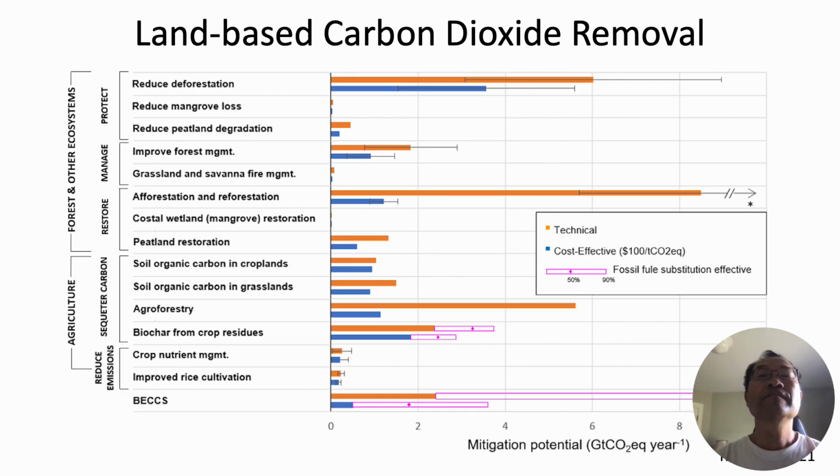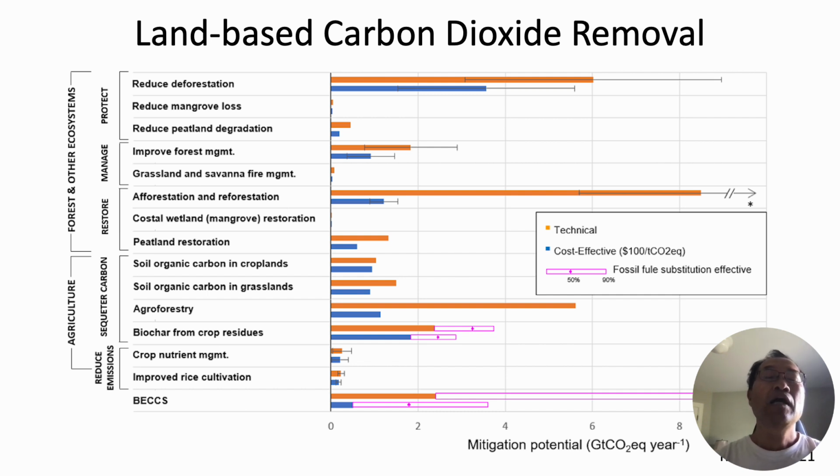There are dozens of land-based methods to remove carbon dioxide from the atmosphere. Afforestation and reforestation may remove about 9 gigaton carbon dioxide equivalent per year from the atmosphere using available technology, but only a little more than 1 gigaton carbon dioxide equivalent per year based on cost-effective approaches.